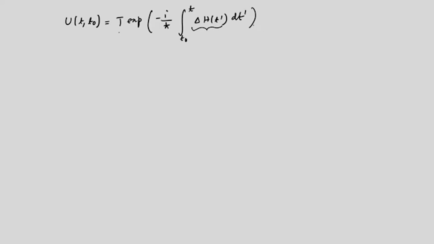Okay. There is another quantity called T. This is called the time ordering operator. Now, if you want to know in detail, you can look at Fetter and Walecka.